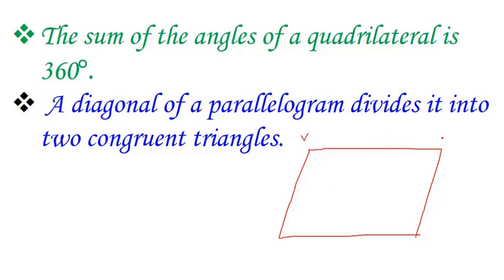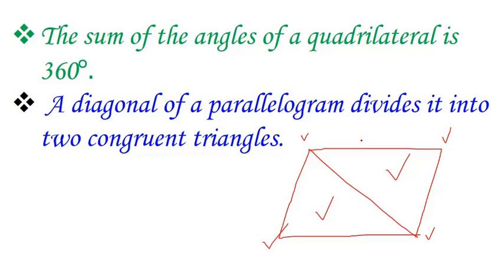If we name it A, B, C and D, when we join opposite vertices of the parallelogram, the entire parallelogram divides into two triangles, and both are congruent.